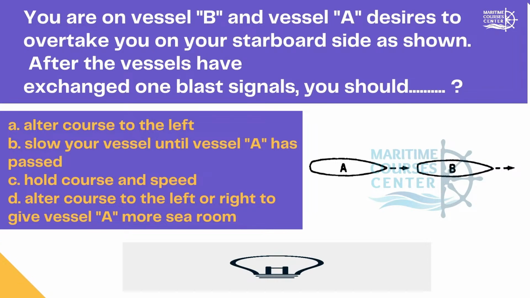A. Alter course to the left. B. Slow your vessel until vessel A has passed. C. Hold course and speed. D. Alter course to the left or the right to give vessel A more sea room.